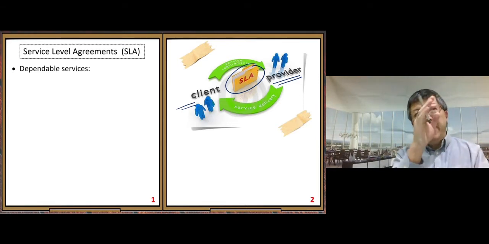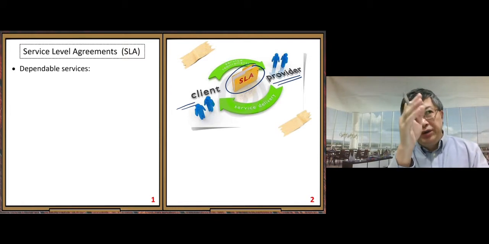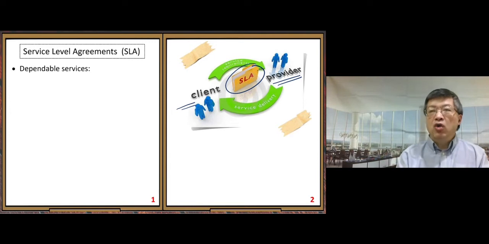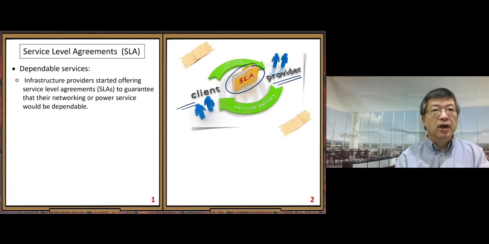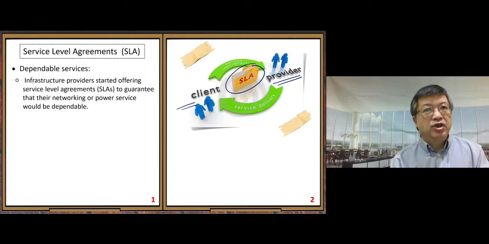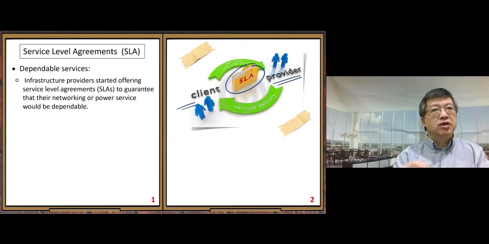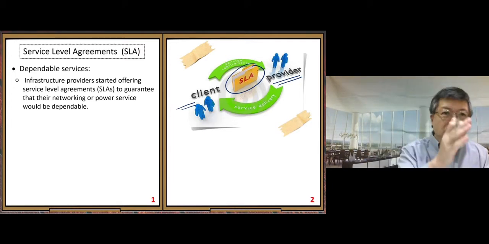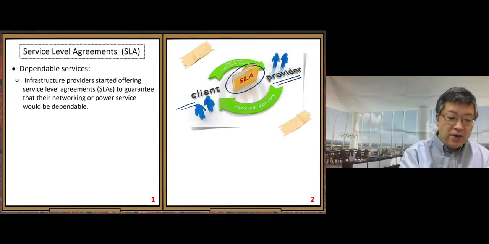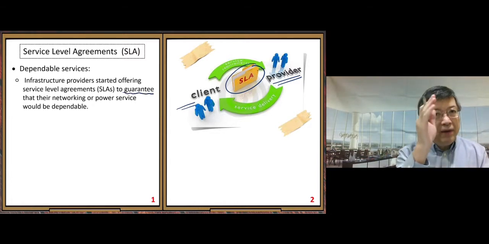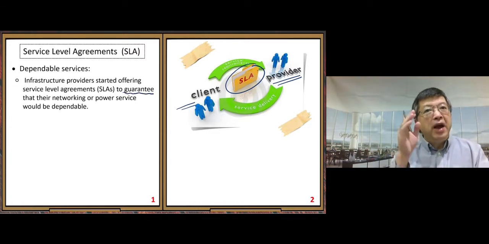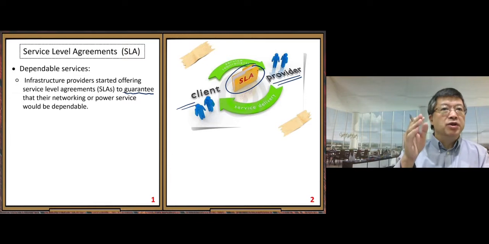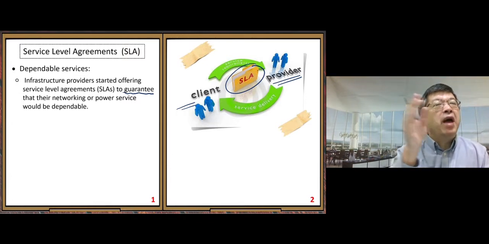So for that reason, they really want to get some very strong agreement from the provider. The infrastructure providers start offering SLAs to guarantee. How can you guarantee, right? To guarantee that their networking or power service would be dependable.